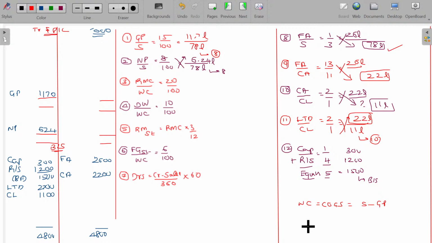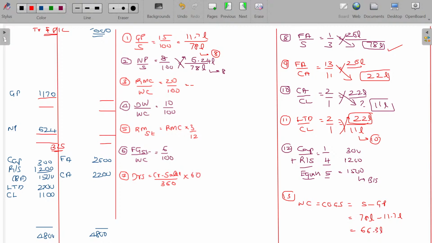With that work cost, administration and other costs will be addable, which are given in the P&L account. Without considering the administration and selling and distribution expenses, the cost is called cost of goods sold, otherwise work cost. Here, sales being 78 lakhs, GP being 11.7 lakhs, your work cost is 66.3 lakhs.